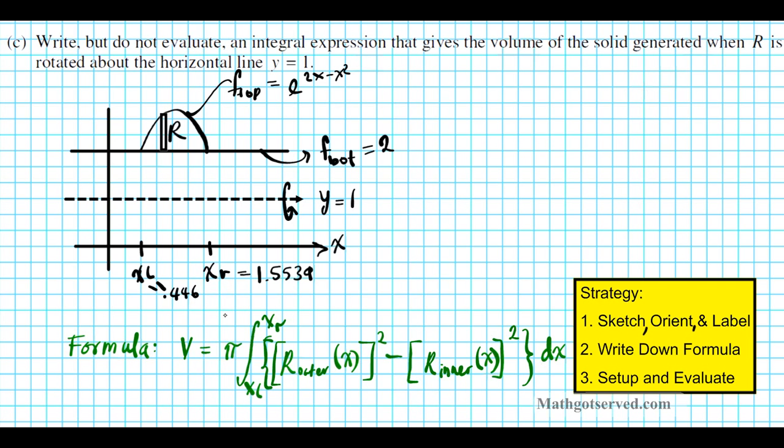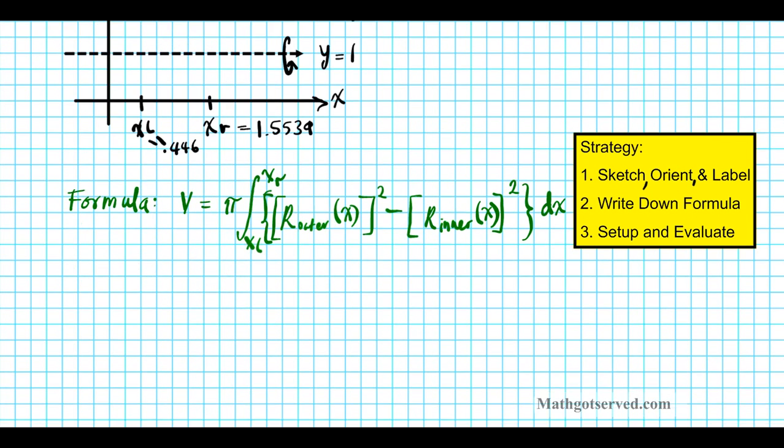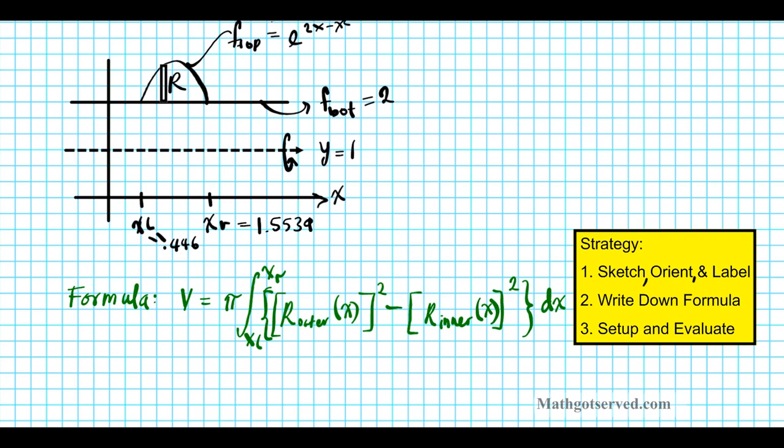All right, now that we have the formula written down, let's find all the components. All we do not know are just the outer radius and the inner radius. So let's set up our integral. The outer radius is simply the distance from the top function to the axis of rotation.